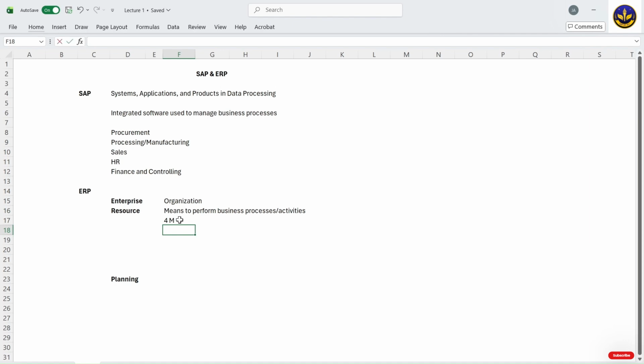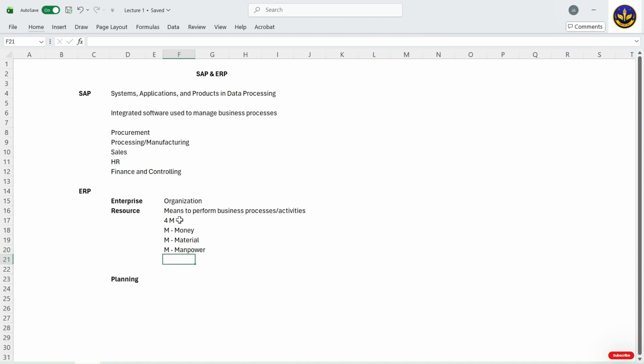Firstly, the first M stands for money. To start any business, what we need is money. Without capital or money, you cannot start, whether it's from a loan or your own. After that, you have material. Then we have manpower, the employees or the human capital, we can say.